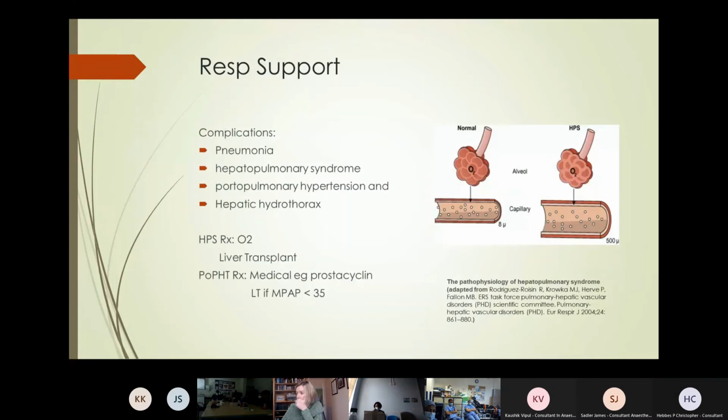Respiratory support. The common complications here are pneumonia, hepatopulmonary syndrome, portopulmonary hypertension, and hepatic hydrothorax. These patients usually are immunosuppressed, so they're at high risk of pneumonia. Hepatopulmonary syndrome has the same pathophysiology of increased nitric oxide.